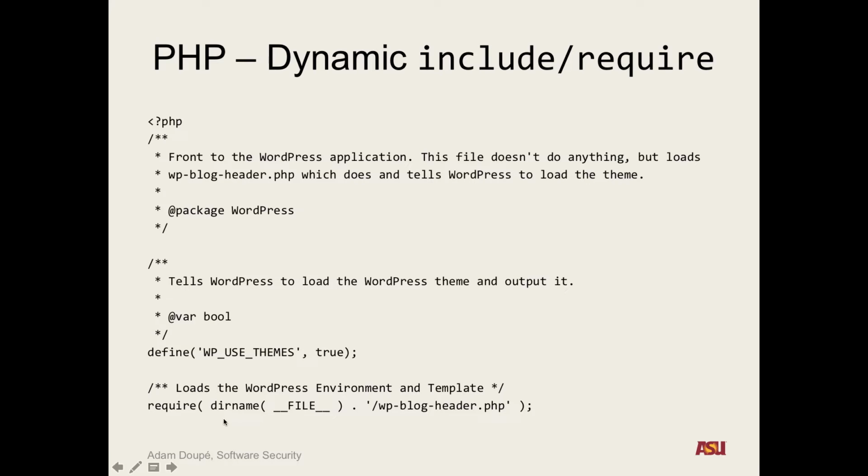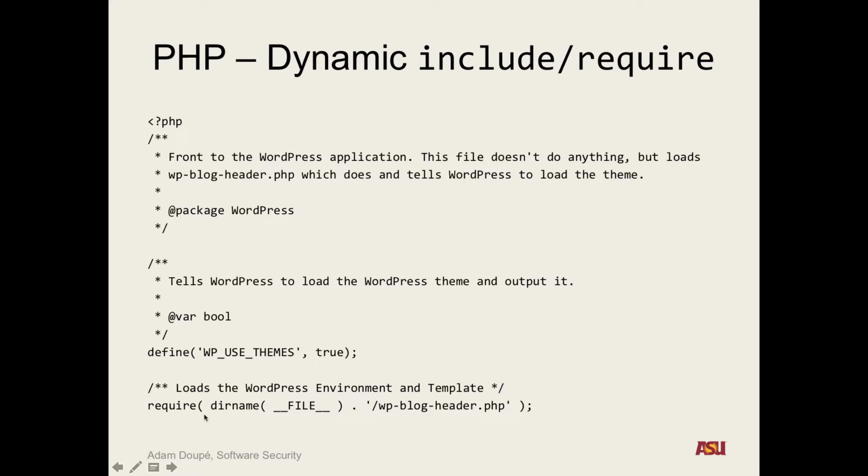So this code is including wp-blog-header.php in whatever the current directory is. __FILE__ is a special PHP variable that specifies the exact current location of this file. So it's saying wherever the directory of this file is, include the thing that's in the same directory. Another important thing: the dot operator here means string concatenation in PHP, not plus like you're used to, which also frustrates me.